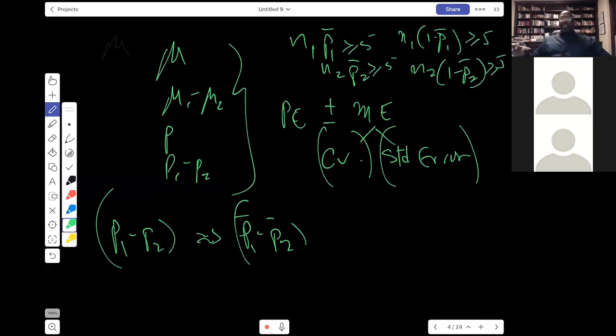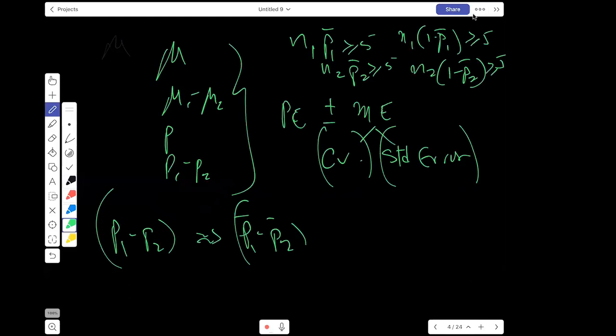So those are conditions that we want to make sure are satisfied. And then with those conditions satisfied, we could use a normal approximation to the binomial. So we would need a standard error. And what's the standard error?